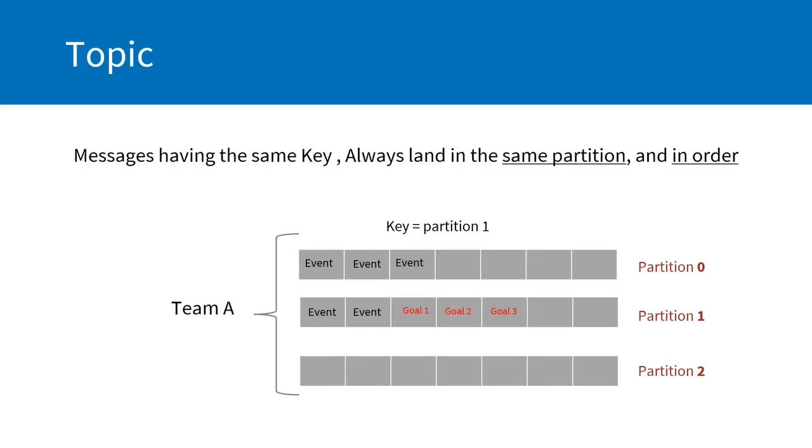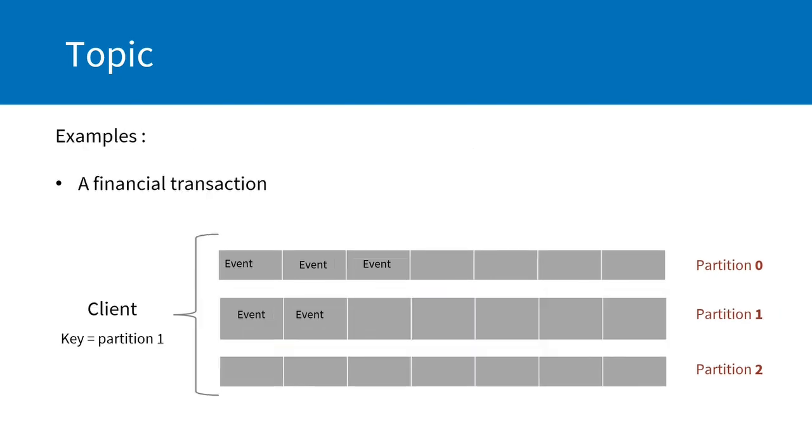So this would give you the assurance that within a Kafka topic, messages having the same key always land in the same partition and therefore always in order. So if the order of events matters, then use a key to preserve the order and to keep track of the updates.